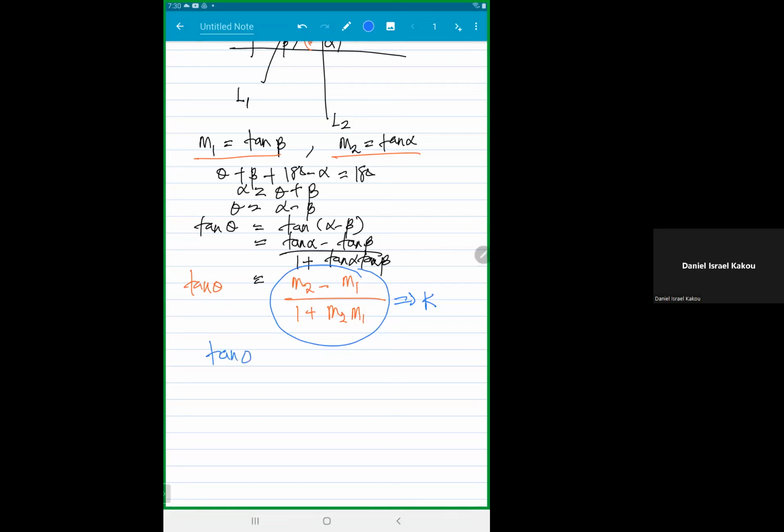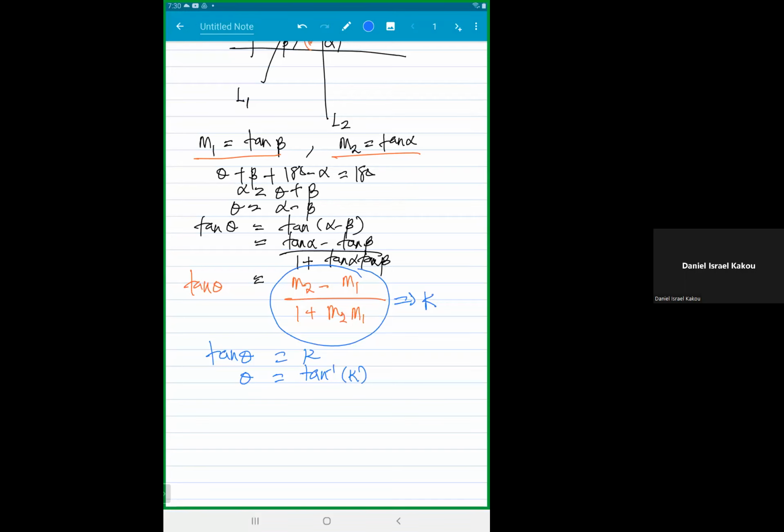So basically, it's as if we have tan theta is equal to K. And from here, if you remember from trigonometry, all we do is find the tan inverse of both sides, or say theta is equal to the tan inverse of K. And the rest is just a simple value we can compute from our calculator. So that becomes the relevance of this formula.